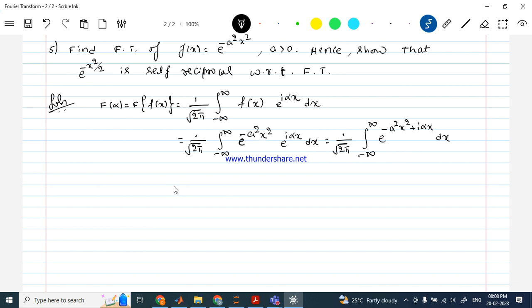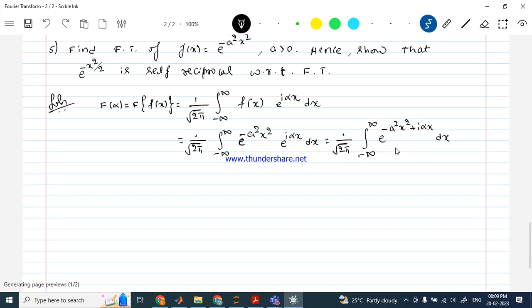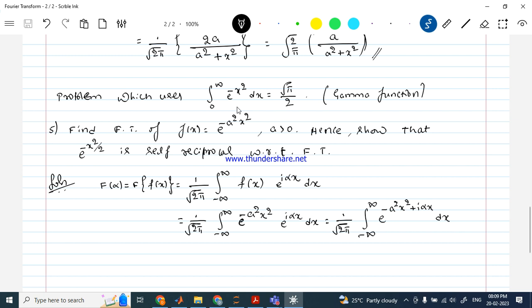Now the challenge is, as I told you, we are interested in making use of this integral. The reason is we can't integrate this function directly. So we need to reduce this integral into the form of e power minus x square, where the variable is x, dx.